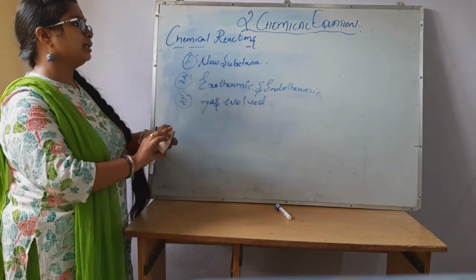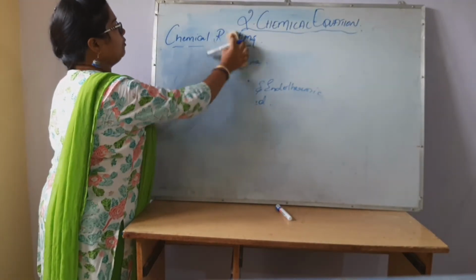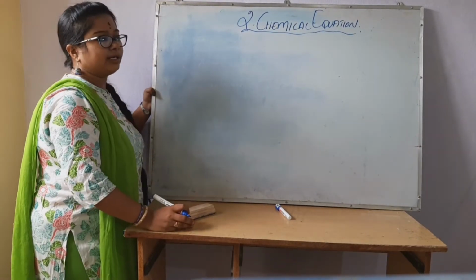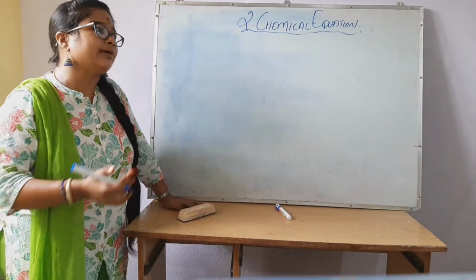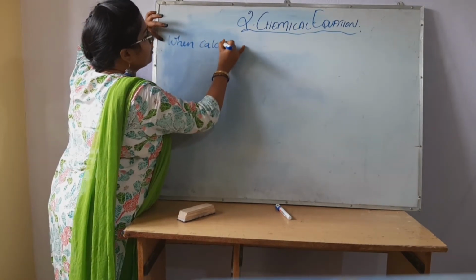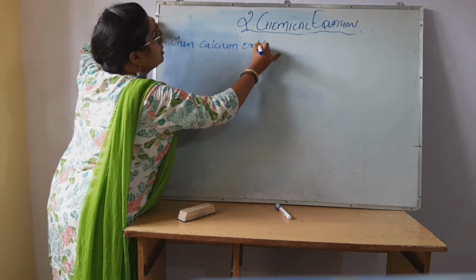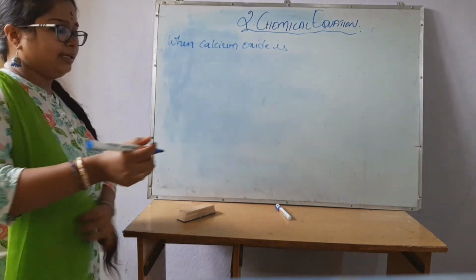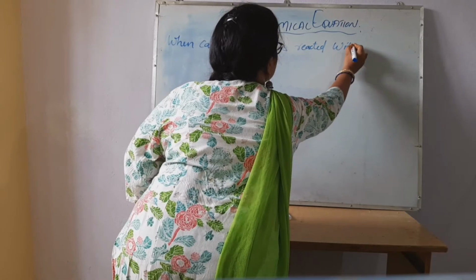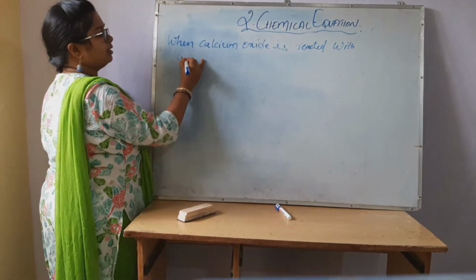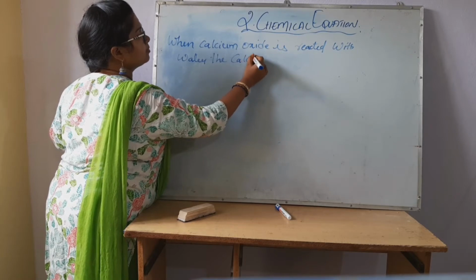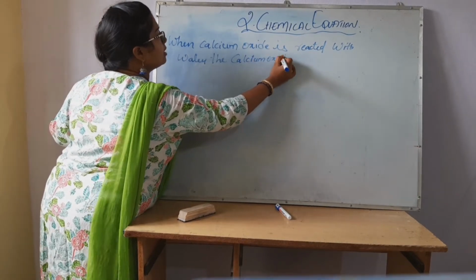Now, see, if I want to write the reaction like this: when calcium oxide is reacted with water, then a new substance, calcium hydroxide, is formed.